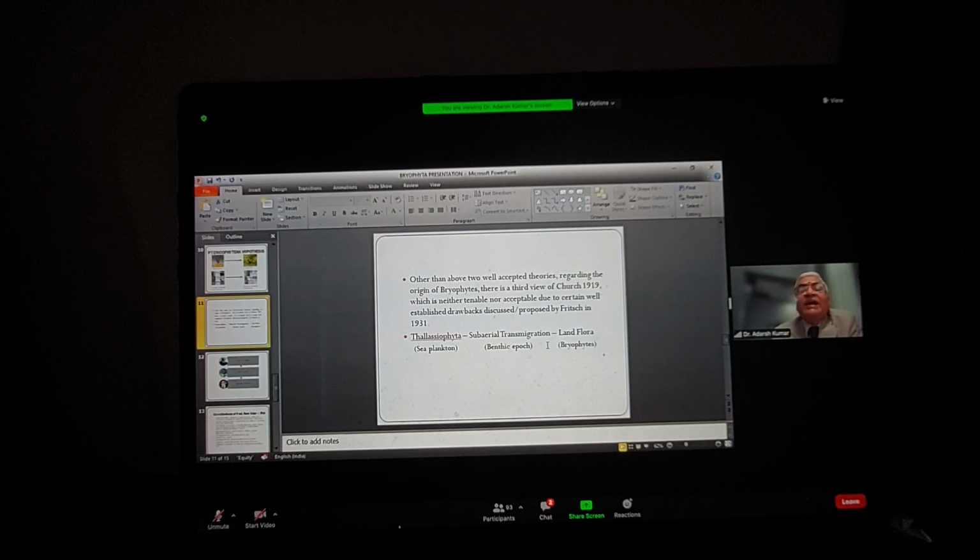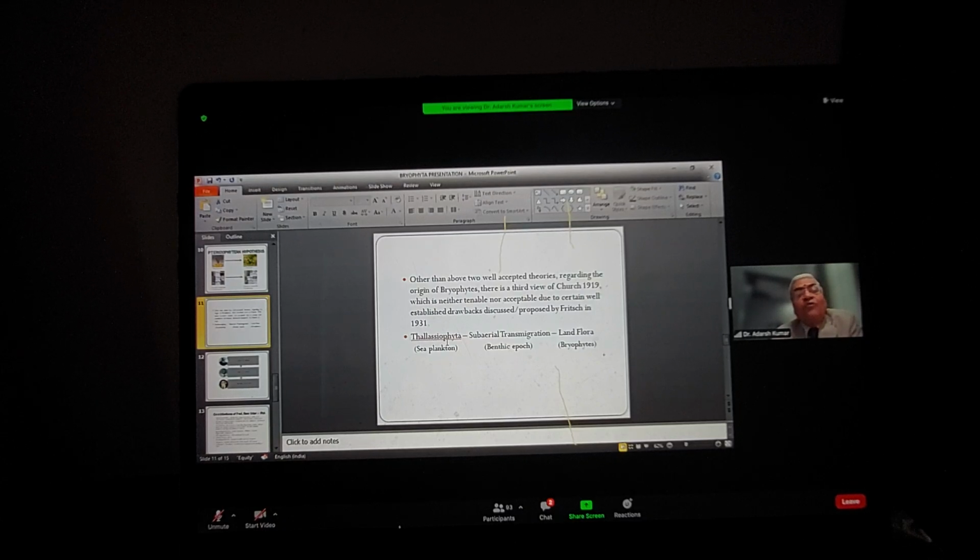Actually, Church in 1919 believed that earlier, when the whole earth was covered by the sea, marine water, there was no land visible, and the plants evolved in the sea, that is the sea plankton, and for it he coined a term Thalassiophyta. These are those plants or phytoplanktons which evolved in the ocean.